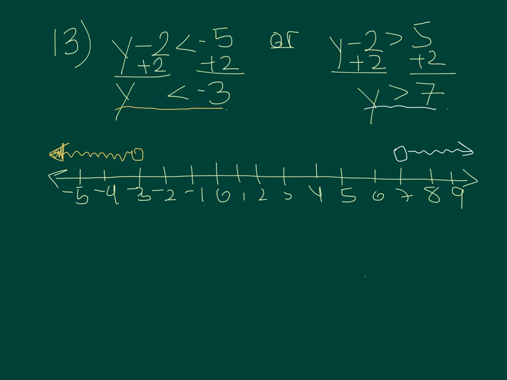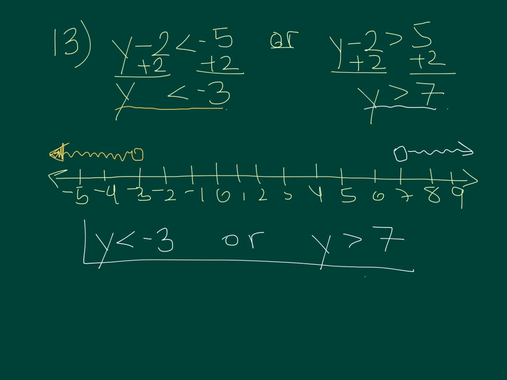So any number in any section that is shaded is the solution. That means y can be less than negative 3, or it can be greater than 7, and any number in one of those regions would make this problem true. Okay? So now you complete the others and use these as an example.